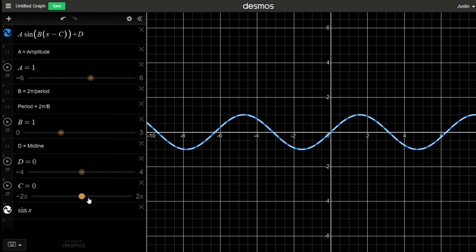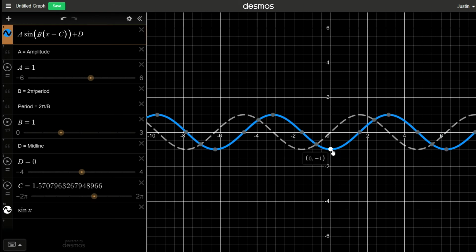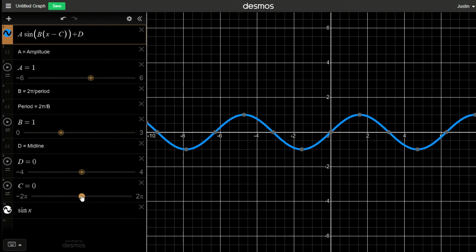This is going to be useful for us in the future because there are times where, like with our Ferris wheel, we don't actually start at the midline. See how the sine function starts at 0, 0 with its midline? The Ferris wheel started at a minimum. So if I use my c value, I can move it, and you can see that this one is starting at 0, -1 at the minimum. And I can mess with these to create that model.